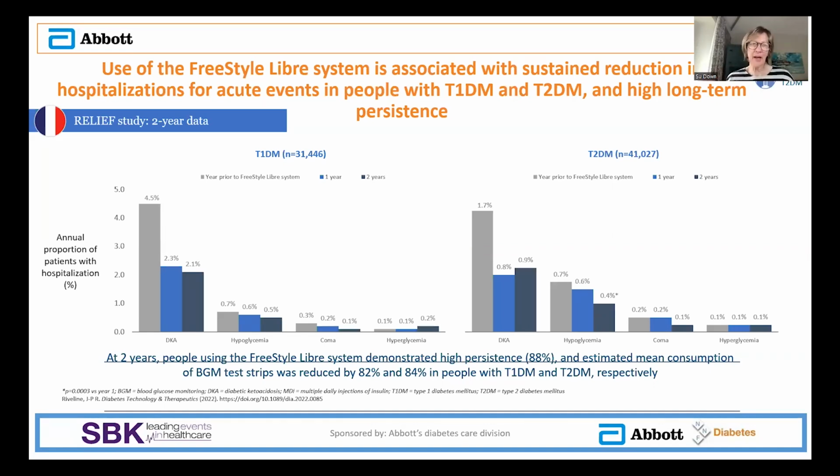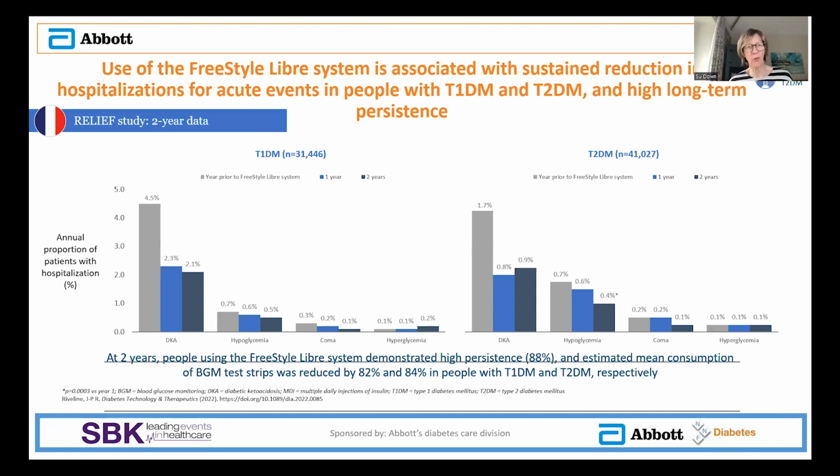And I like this study for several reasons. Firstly, again, it absolutely supported what we have seen in the massive reduction in hospitalization for things like DKA, hypoglycemia, comas, or hyperglycemia if people were admitted for hyperglycemia.